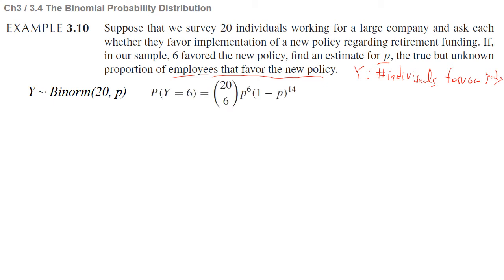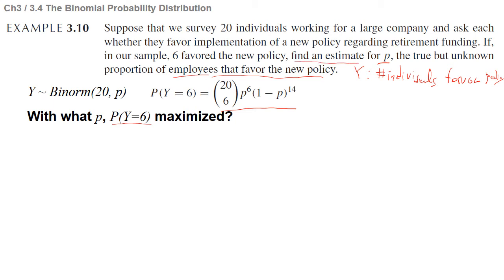So if we assume the binomial distribution on Y, the probability of Y equals 6 is this one. And the next question is, with what p is the probability of Y equals 6 maximized?